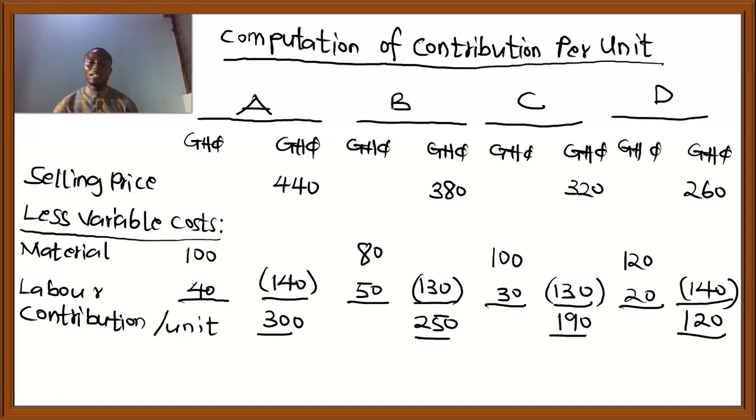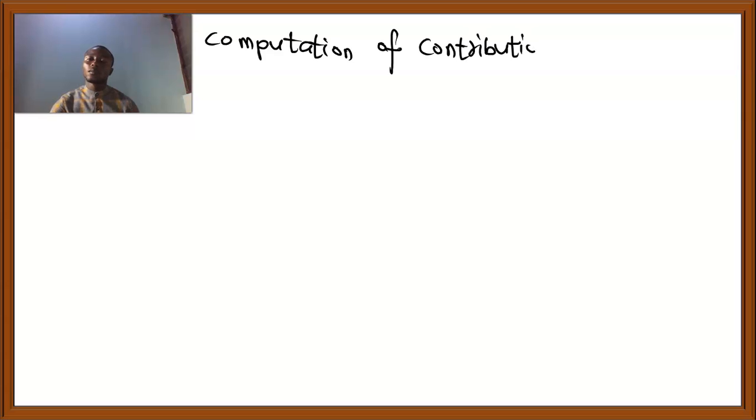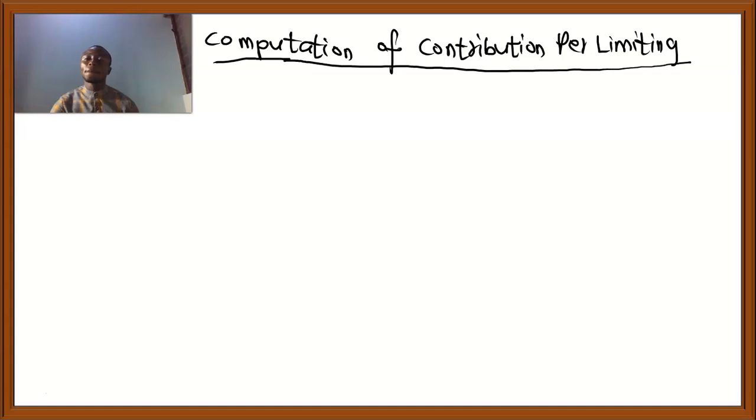Okay. After determining the contribution per unit, now we determine the contribution per limiting factor. So we have computation of contribution per limiting factor. Okay, so again we have 4 tables.